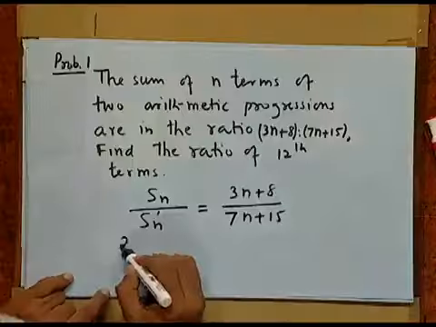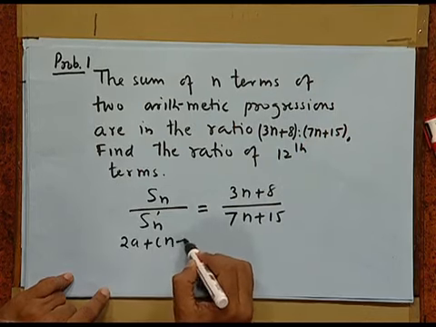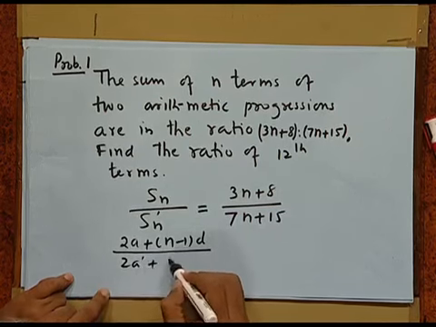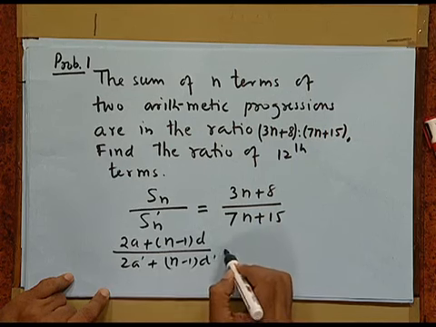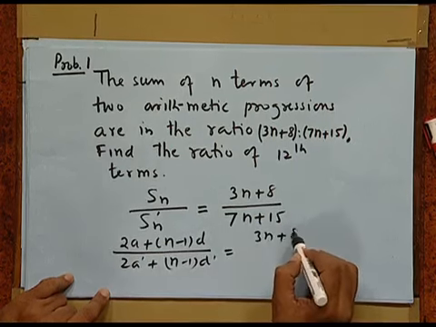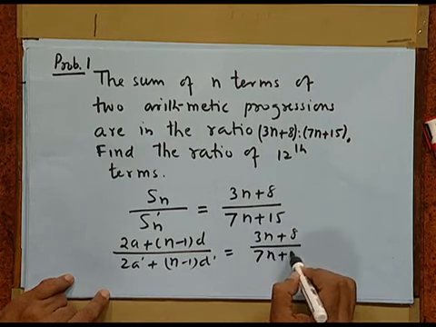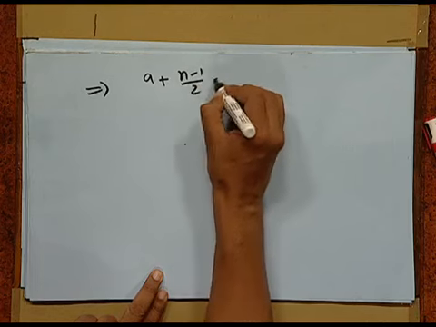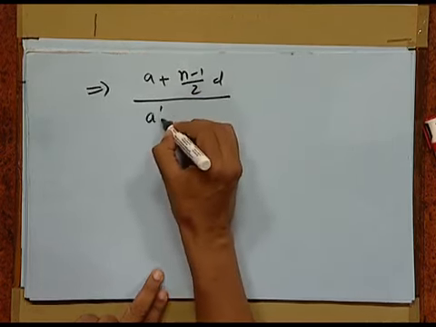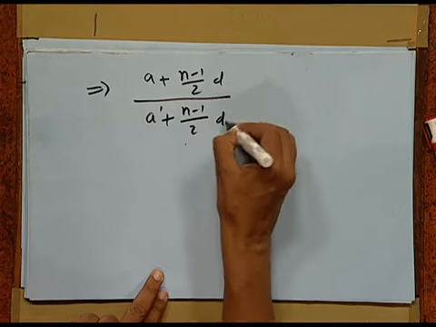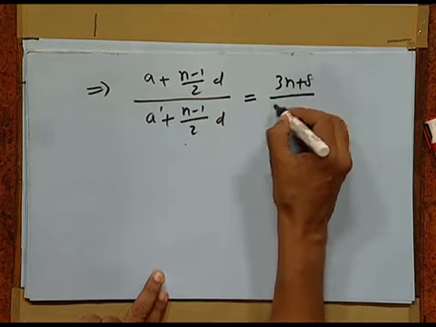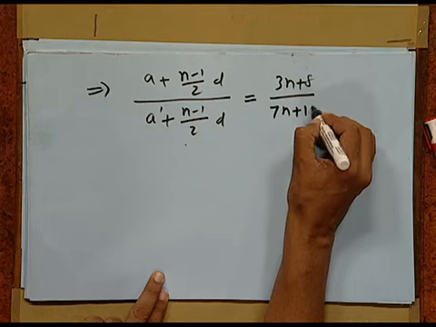That means 2a plus (n minus 1)d upon 2a dash plus (n minus 1)d dash is 3n plus 8 upon 7n plus 15, which implies a plus (n minus 1)/2 d upon a dash plus (n minus 1)/2 d dash is equal to 3n plus 8 upon 7n plus 15.